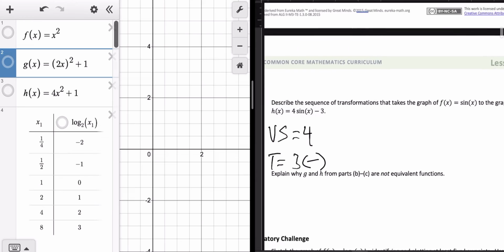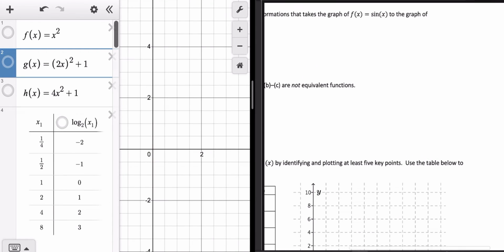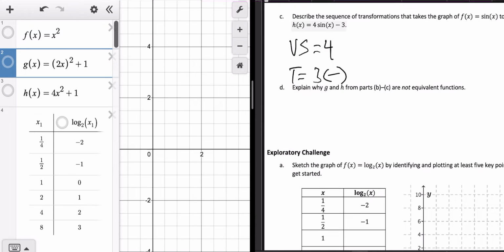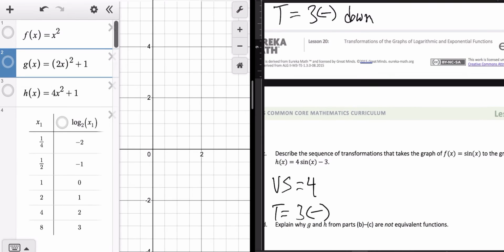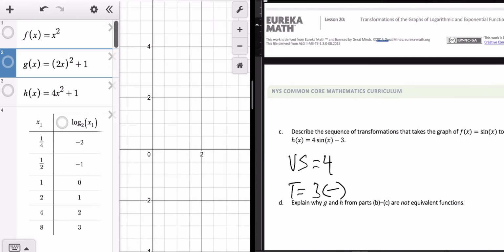Okay. So D says explain why g and h from parts B and C are not equivalent. Well, they're not going to be the same expressions, even though the other ones were. If we go back to B here, B is simply 2x.